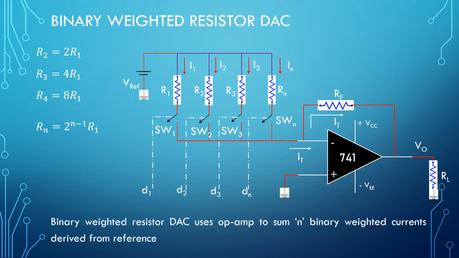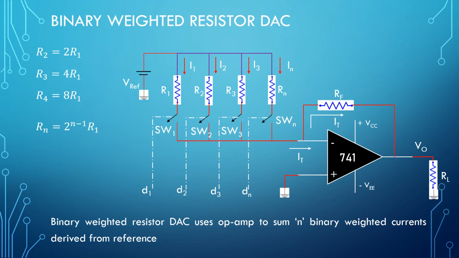Binary weighted resistor DAC uses an op-amp to sum n binary weighted currents derived from the reference. It is derived from the V reference. In the previous case, we considered a particular case of 5 volt. Here any reference value can be considered.